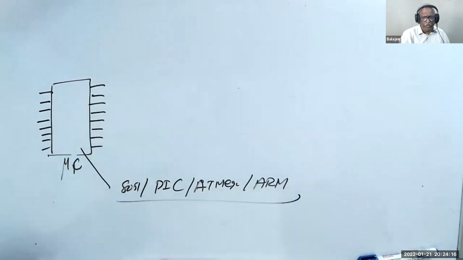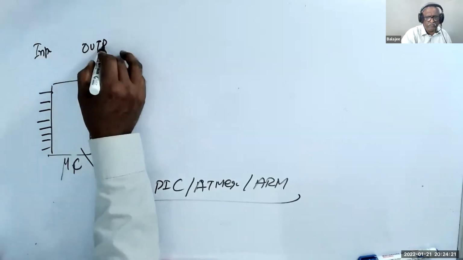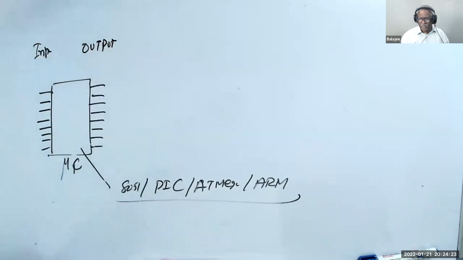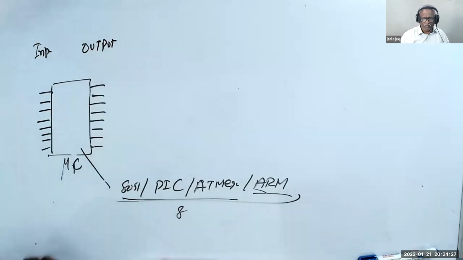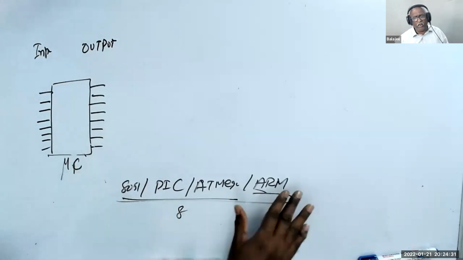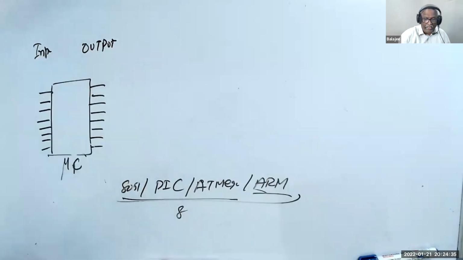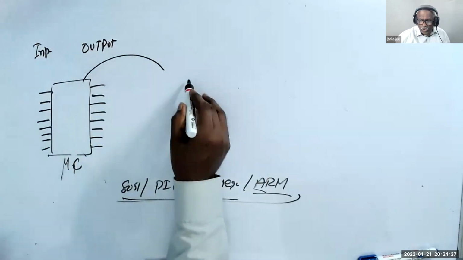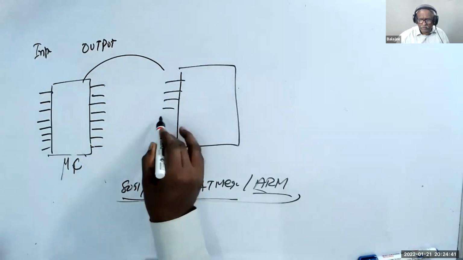All the microcontrollers, you just use the input function and the output function, and they work. That's it. These are 8-bit, but ARM could be 32-bit, doesn't matter for you. Otherwise, it's the same. So don't worry about which microcontroller you have to practice with.